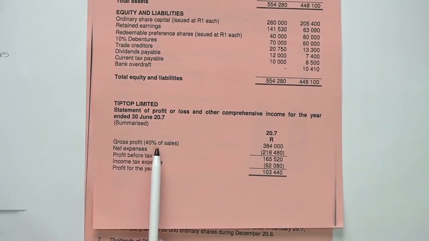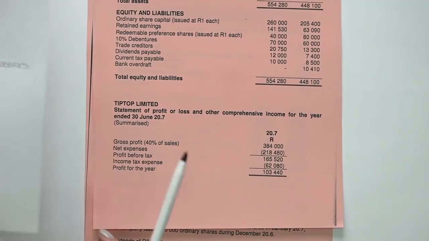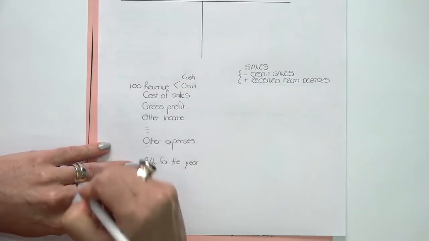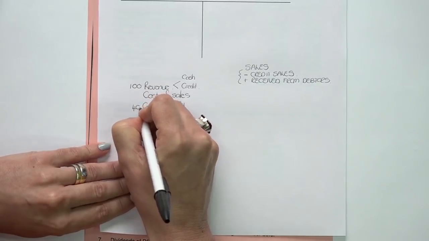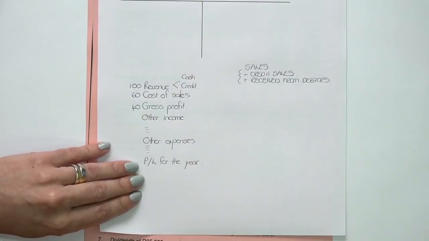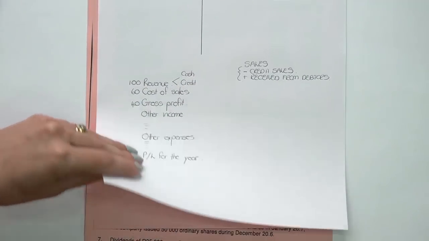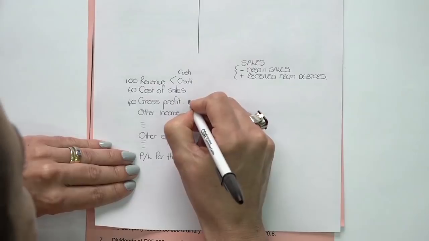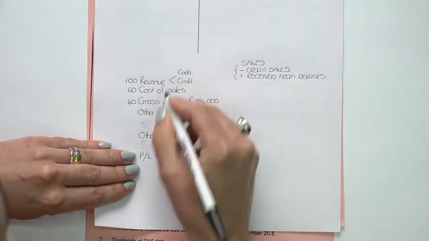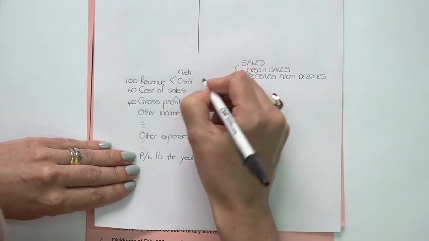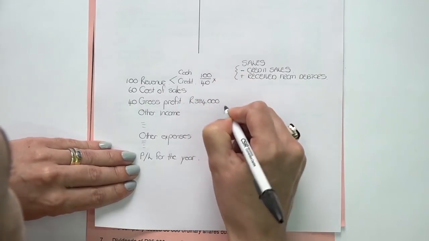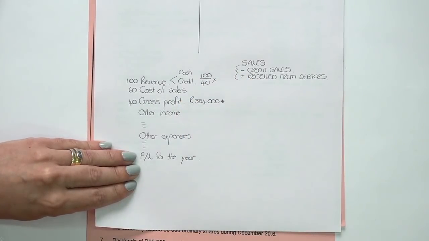If they tell you it's 40% on sales, the gross profit, that means that my sales was 100%, gross profit 40, so cost of sales would have been 60%. So to convert the gross profit of 384,000 Rand to revenue, to sales, I would calculate 100 out of the 40 times my gross profit.